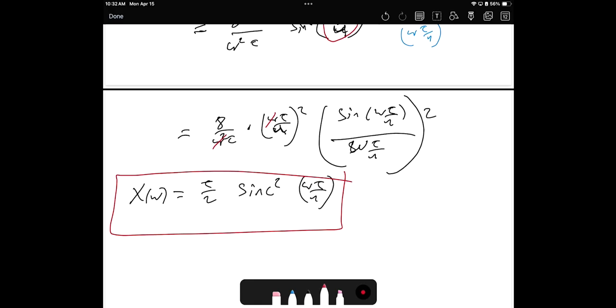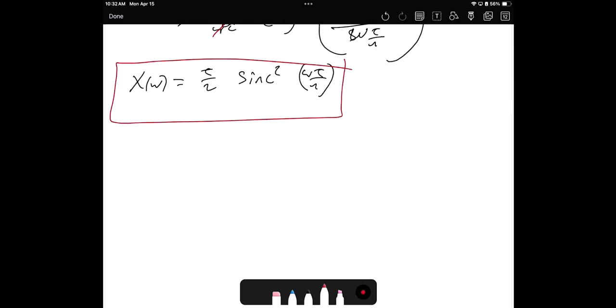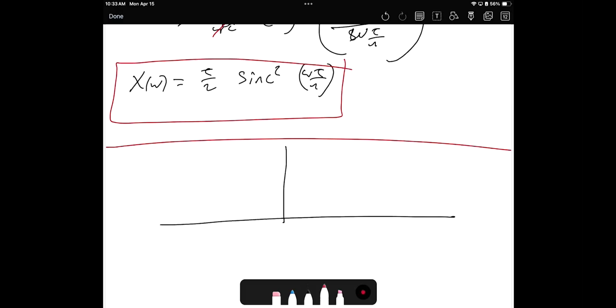Okay. This result can be used as a general result. So we can put it in our tables, in our notes, formula sheets. Whenever we see any trigonometric function, we can convert it to Laplace using Fourier transform. So this is the summary.